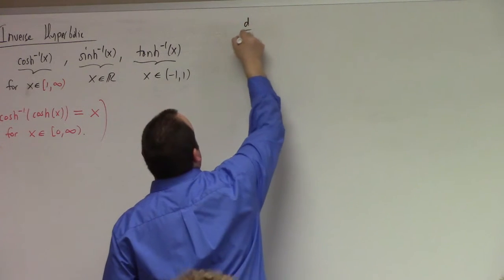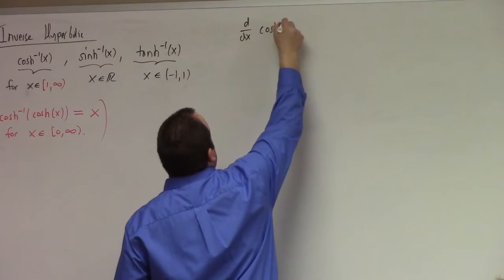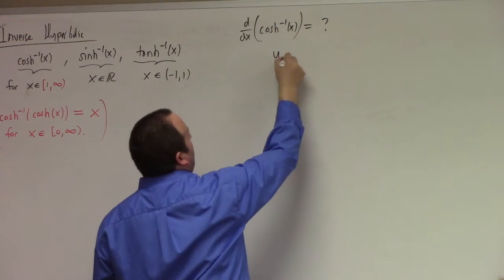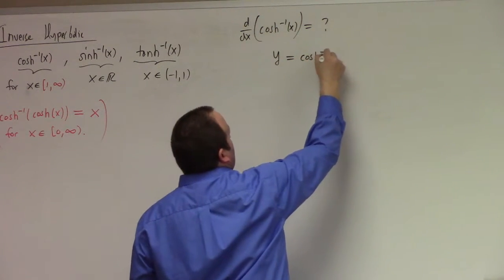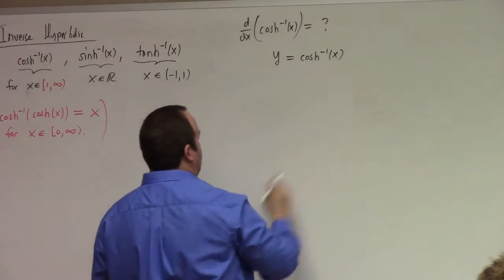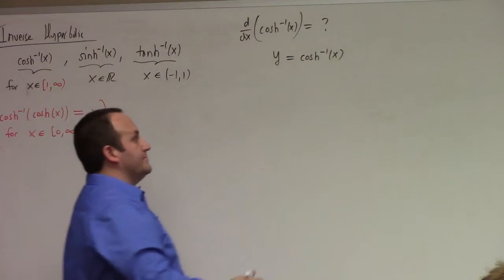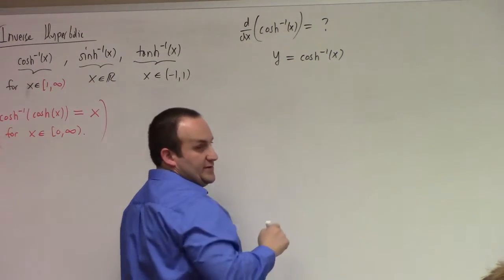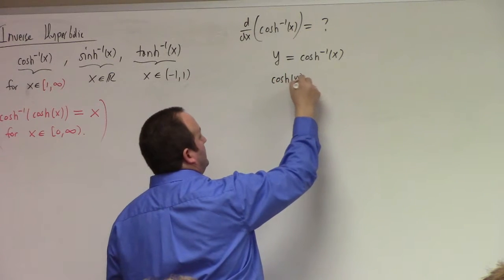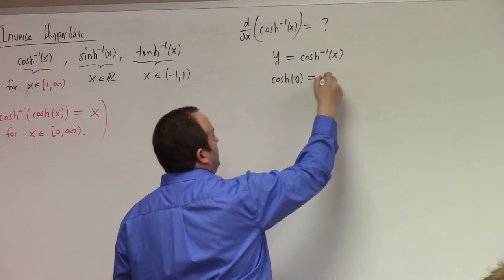So what is the derivative with respect to x of inverse hyperbolic cosine of x? This is the question that confronts us. So we set y equal to inverse hyperbolic cosine of x. And then we take the cosh of both sides, and we get cosh of y is equal to x.